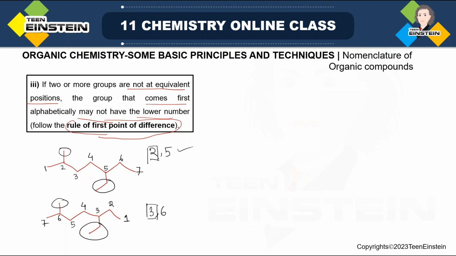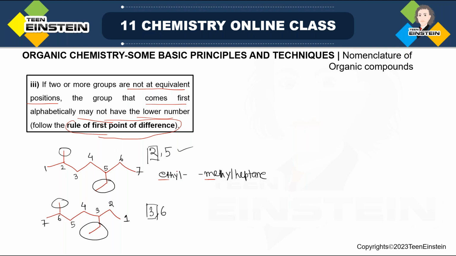Now when you are following this, there is an ethyl substituent, there is a methyl substituent. Obviously, you will write ethyl first, and then you will write methyl. Total number of carbon is 7, and there is no double bond, so it is simply heptane. Now, what about the position? Ethyl you will always write first, whatever is the position of ethyl, because of alphabetical order.